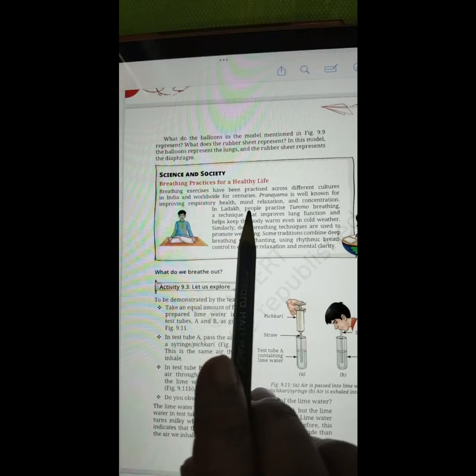In Ladakh, people practice Tumo breathing, a technique that improves lung function and helps keep the body warm even in cold weather. Similarly, deep breathing techniques are used to promote well-being. Some traditions combine deep breathing with chanting, using rhythmical breath control to enhance relaxation and mental clarity.